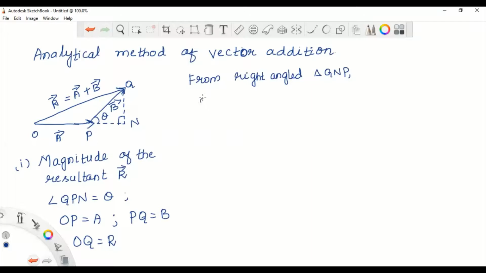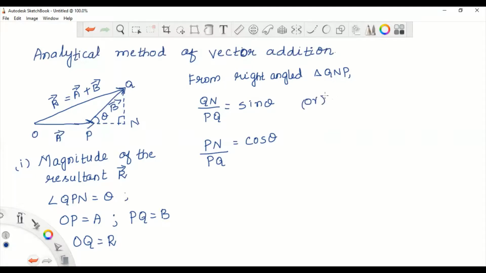So QN divided by PQ is equal to sin theta, and similarly, what is cos theta? Cos theta is equal to PN divided by PQ.